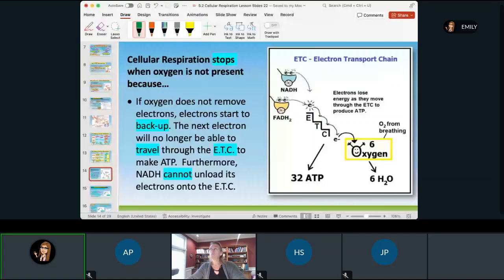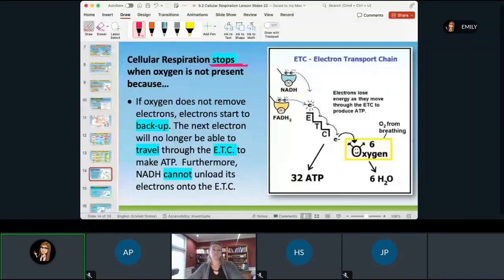So cellular respiration stops when oxygen is not present. And the reason is that if oxygen doesn't remove the electrons, they start to back up. Okay, so oxygen comes into play at the electron transport chain.